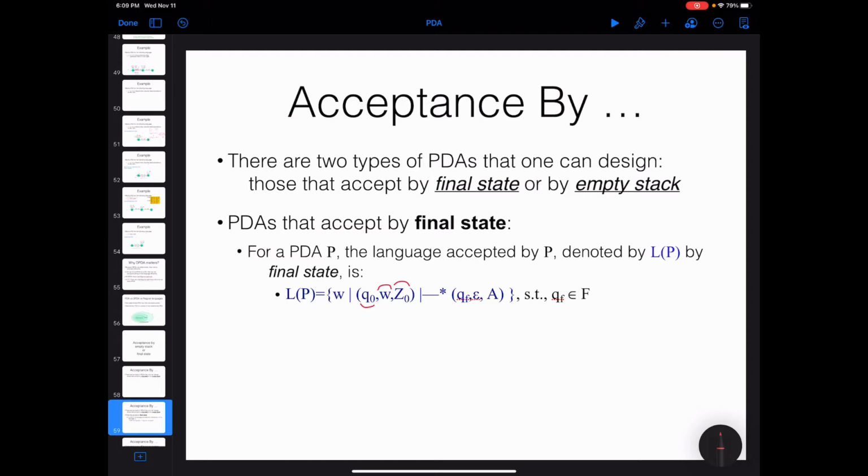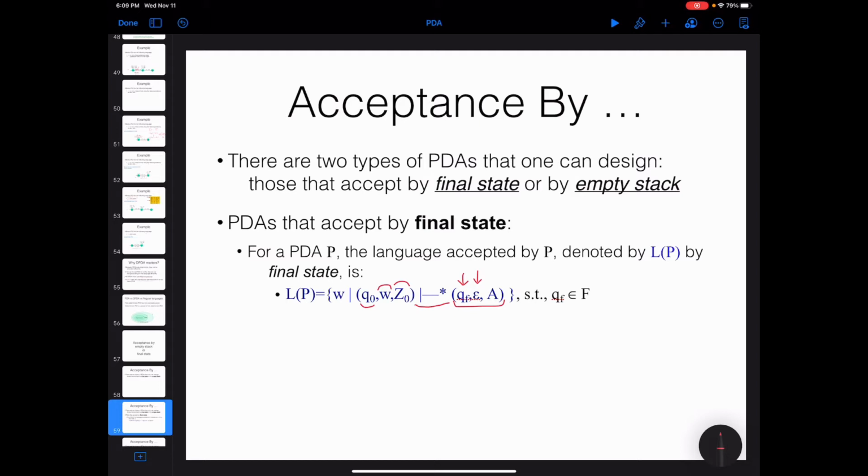If after a couple of moves, doesn't matter how many, you reach a situation where you are at an accepting state and you have read the full input string, you are going to accept the string.